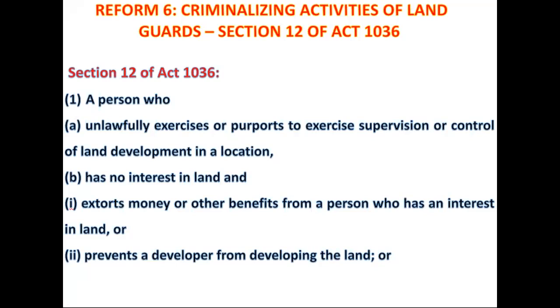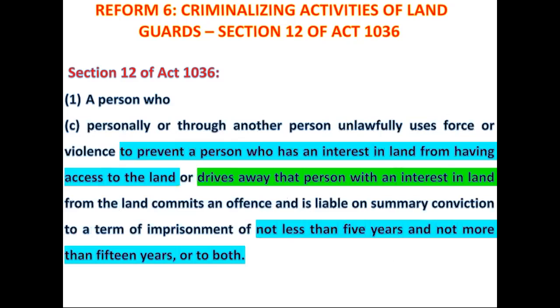If you look at section 12, it says that a person who unlawfully exercises or purports to exercise supervision or control of land development in the location, and that person has no interest in land, and he extorts money or other benefits from a person who has an interest in land, or you prevent a developer from developing the land, or the person personally or through another person unlawfully uses force or violence to prevent a person who has an interest in land from having access to the land, or you drive away that person with an interest in land from the land, you commit a criminal offense.